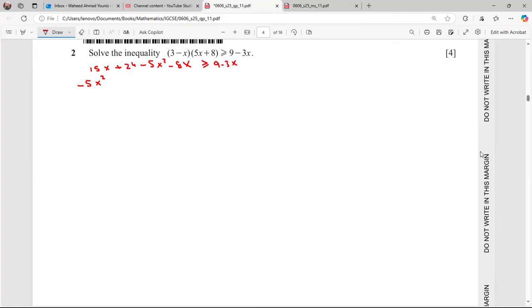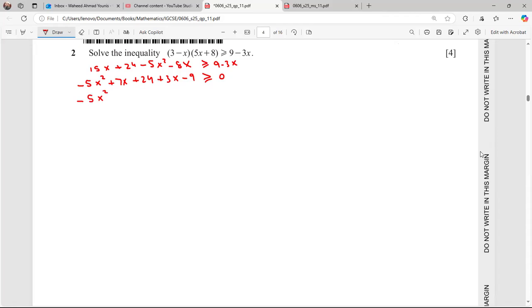Then I have 15x minus 8x, which is 7x. So plus 7x and plus 24. This is my left hand side simplified. I bring it to the other side, so this is going to be plus 3x minus 9, and this is greater than or equal to 0. I need to arrange it a little bit more.